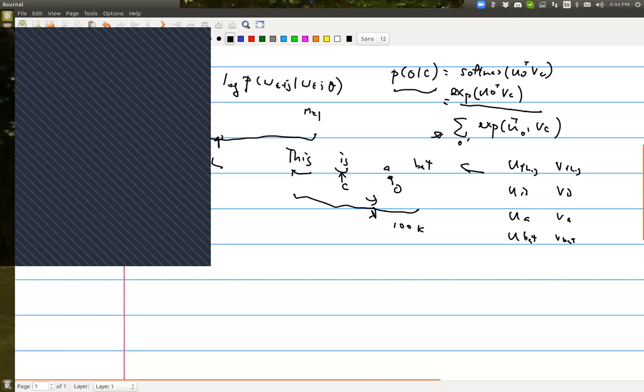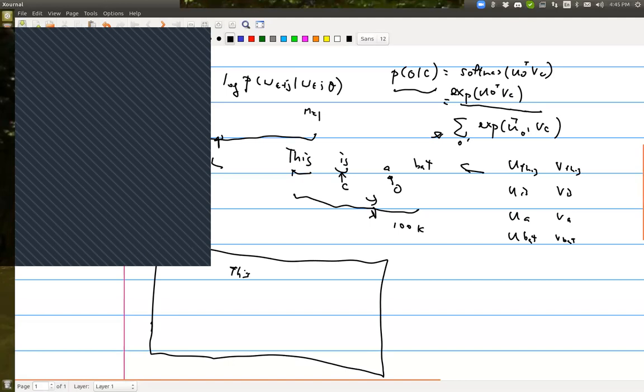Let's focus on a particular t here. What I mean is, when you have a document, a long piece of document for training, you have a center word in, say, sentence one.